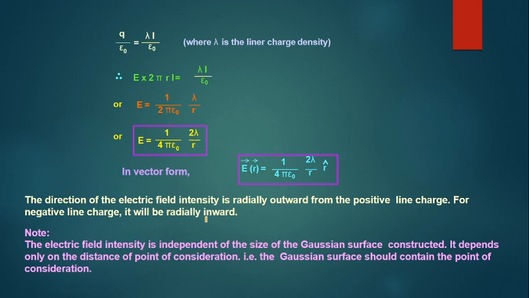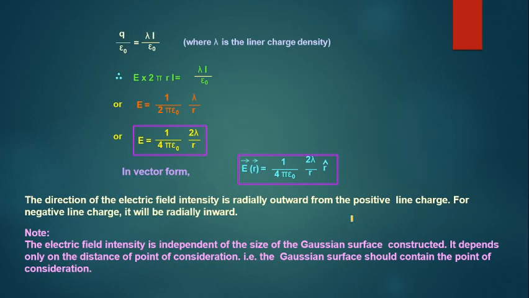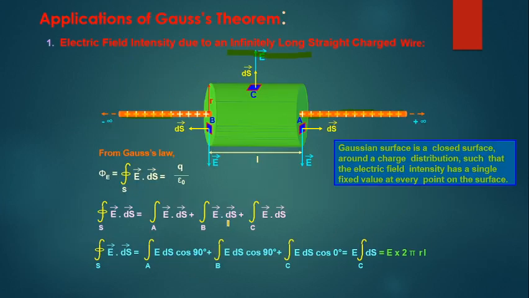The direction of the electric field intensity is radially outward, along this curved surface. It is radially outward from a positive line charge, and radially inward for a negative line charge. If this is the negative charge, the direction of the electric field is inward. For a positive charge, it is outward, away from the positive charge and towards the negative charge.